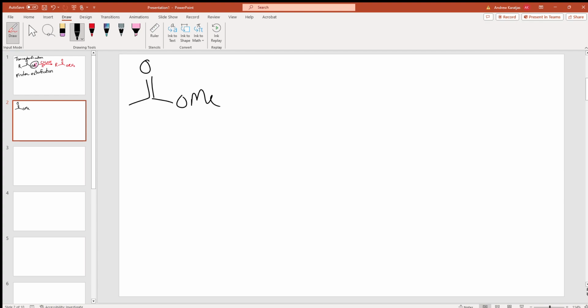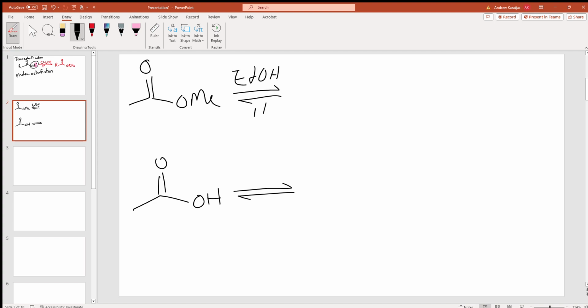In order to illustrate that, I'll do the two mechanisms simultaneously. So here we're starting with a methyl ester. Down below, we'll start with the corresponding carboxylic acid. In both cases, we'll show the reactions with ethanol in acid.